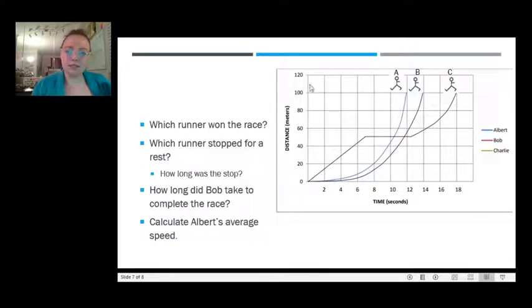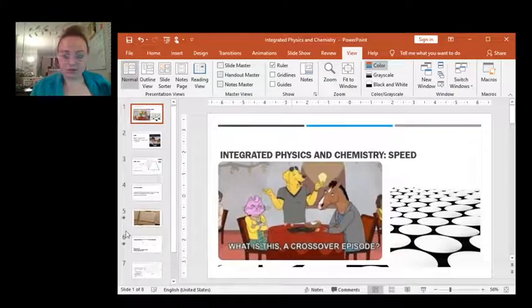The distance divided by the time. And since this is the starting point, I can show it to you here.